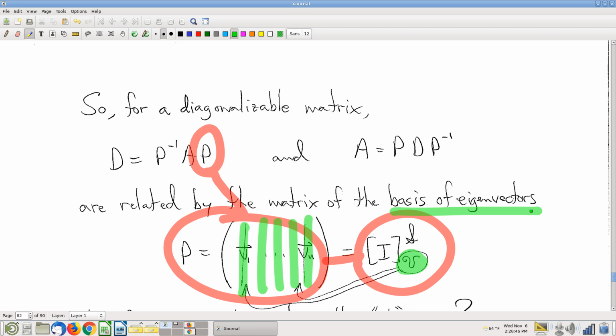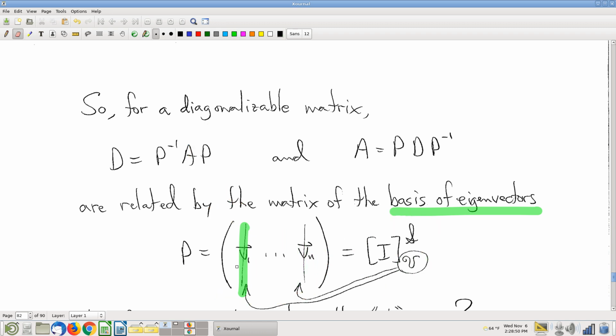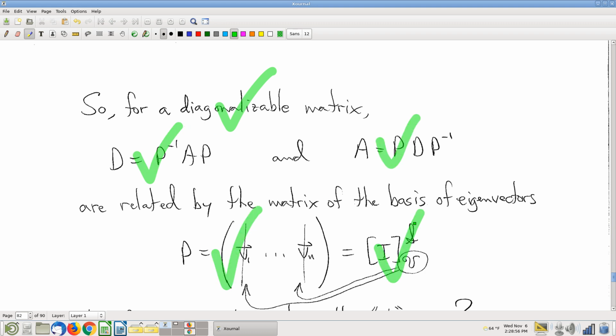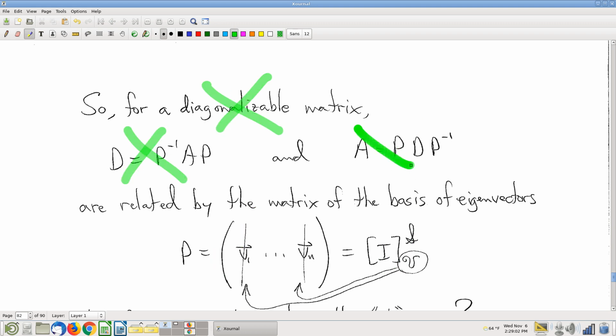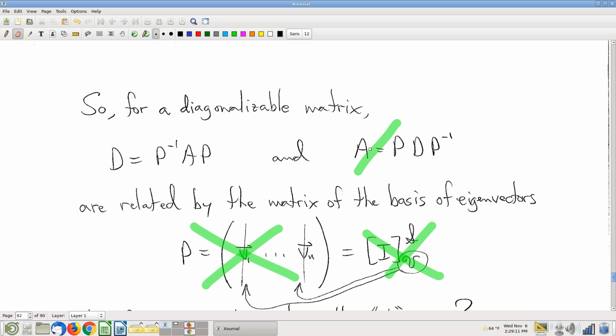So this is several things that are always consistent with diagonalizability. If a matrix is diagonalizable, then that's true, and this is your P matrix, and that's your change of basis matrix. And likewise, if a matrix is not diagonalizable, then that's not true, and that's not true, and there is no such matrix, and there is no such basis. So it's a nice paralleling little summary there.